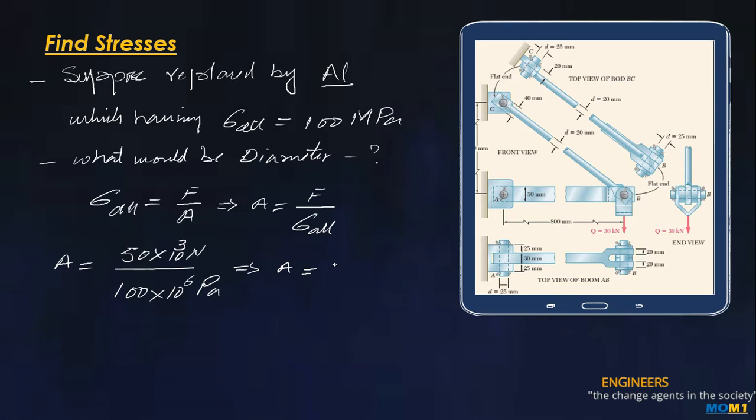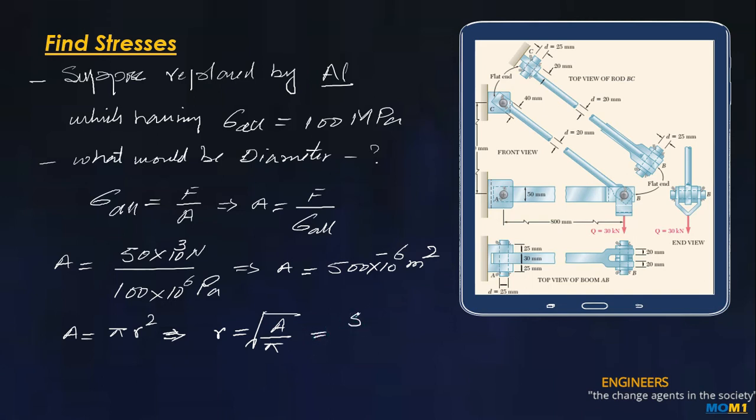So the area is of 500 into 10 raised power minus 6 meter square. So we know that this area is equal to pi r square, or we may write this r is equal to under root a upon pi.